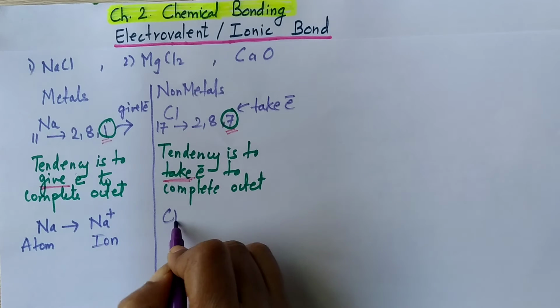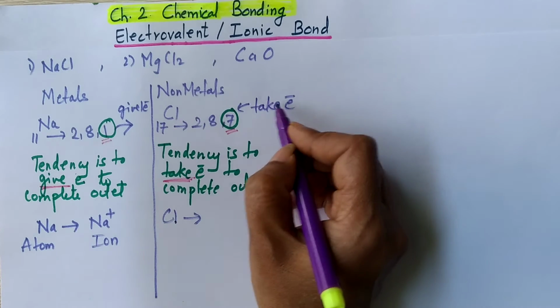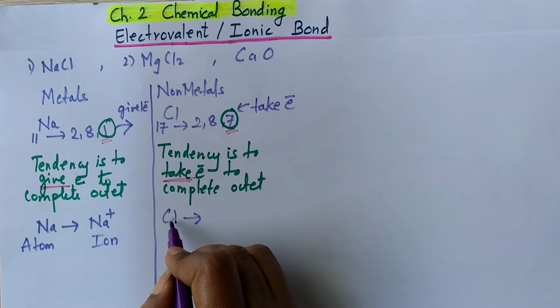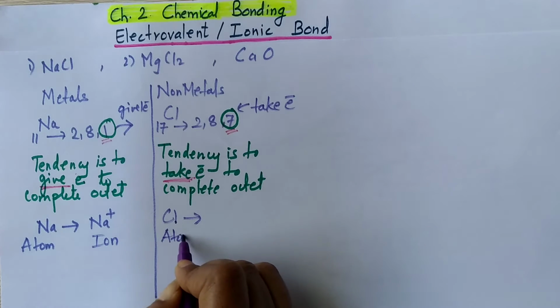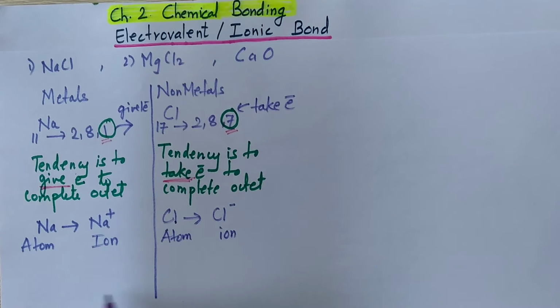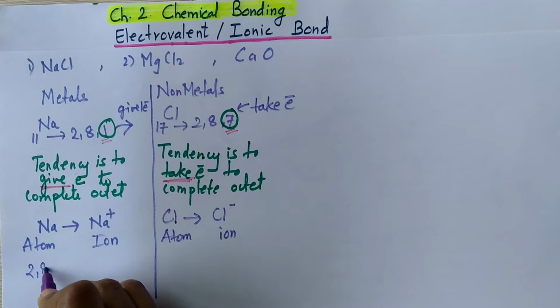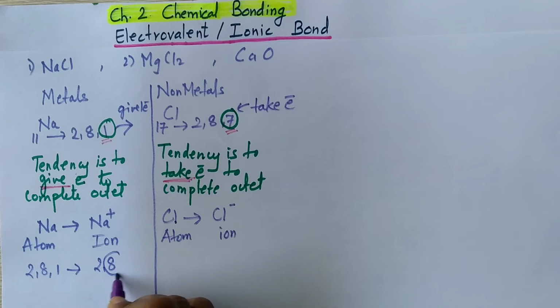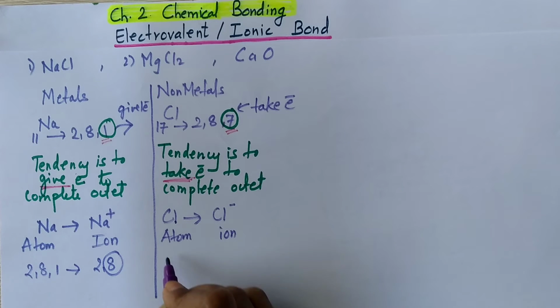Now Cl, it took one extra electron. Initially it was atom and now it became ion because it took an extra electron. Initially it was 2,8,1 and now it is 2,8, that is 8 electrons in the last shell.